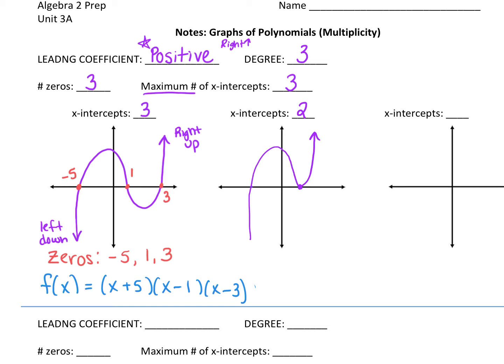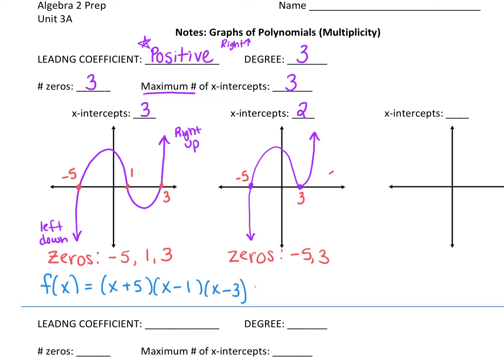So now I have 1, 2 x-intercepts. So again, let's quantify these. I'll call this one -5, and I'll call this one 3. Now my zeros for this graph would be -5 and 3.